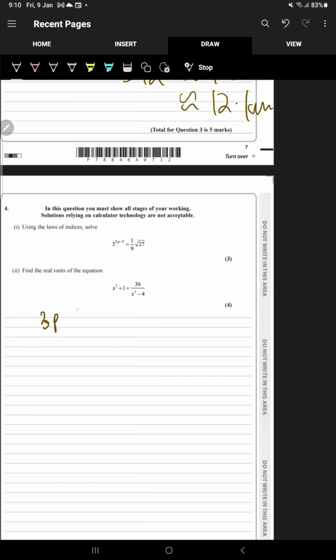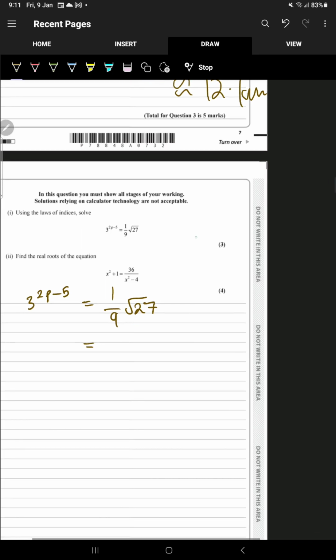So 3p, let me use a black pen here. 3p to the power of 2p minus 5 is equal to 1 over 9 root 27. We need to make sure that the bases are the same. How do we do that?